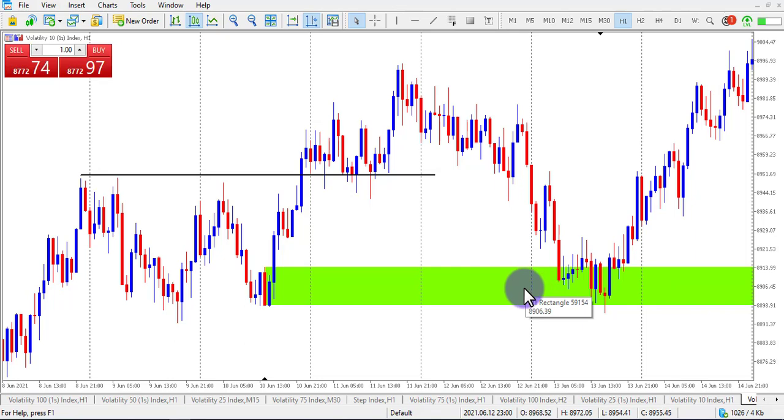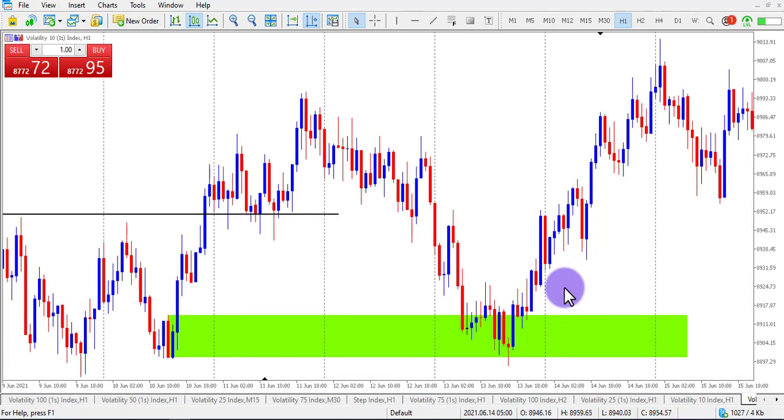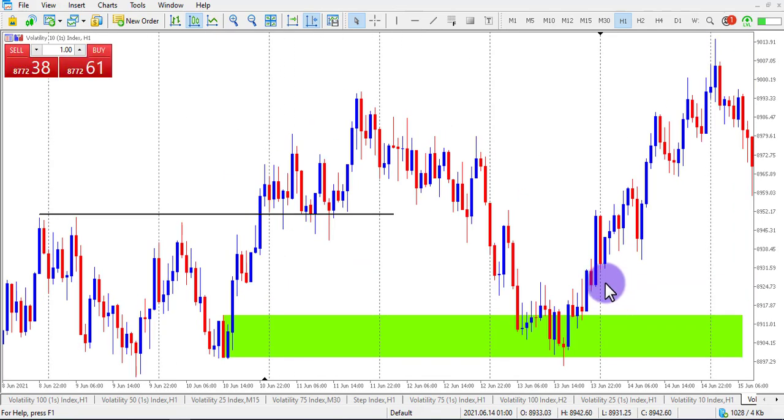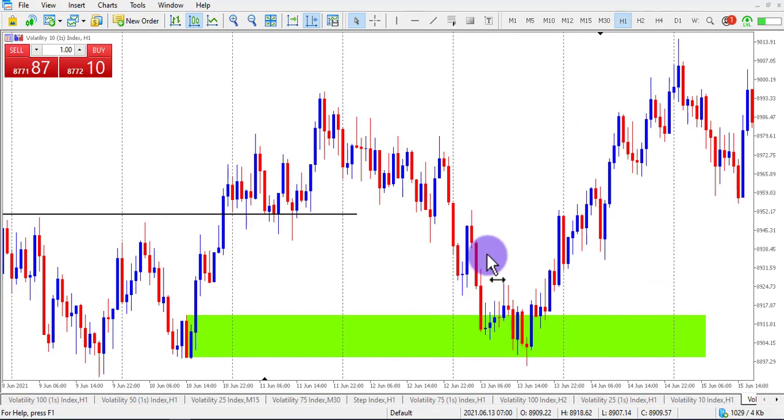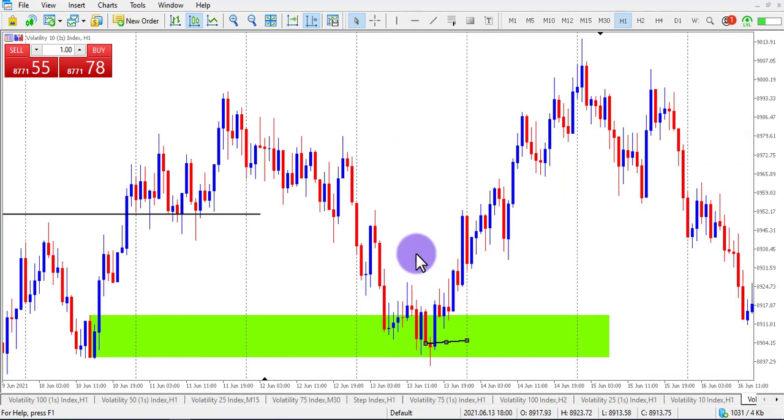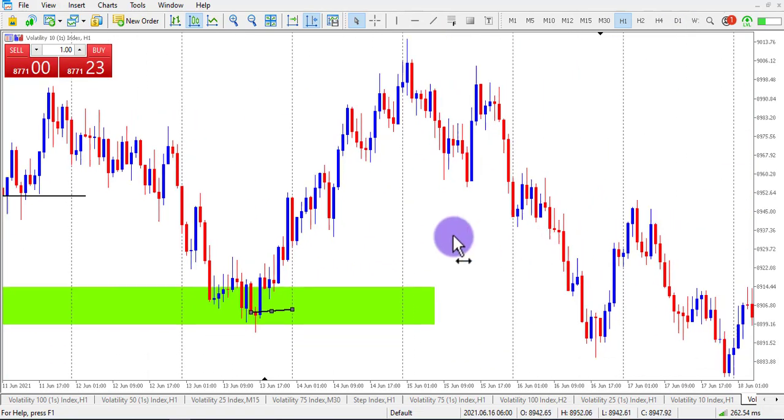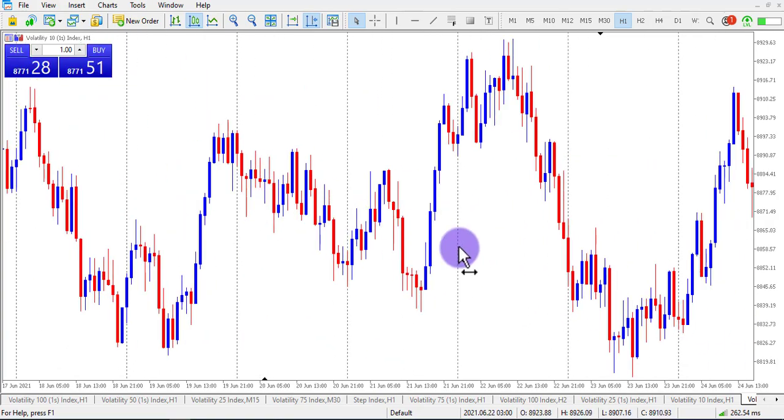And you are busy texting your friends, did you see what V10 did? Did you see what this pair did? We know what happens. But if you could have just waited and seen this pin, you could have punished the dealer here and made all this.